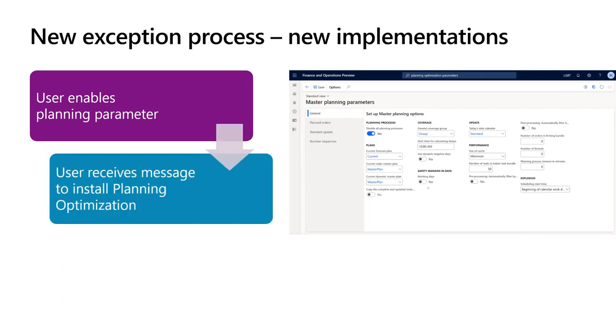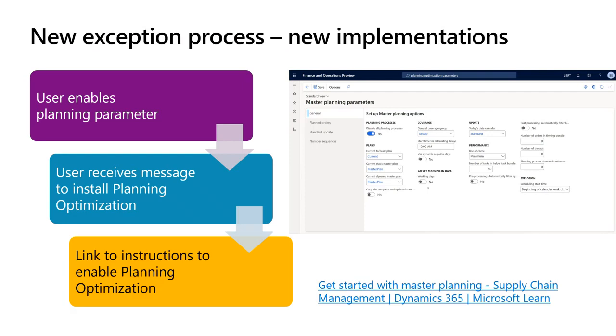They will receive a pop-up to notify them that they need to install the planning optimization add-in before they enable planning processes. They will follow the link to get started, install planning optimization, and then come back and turn on planning processes.